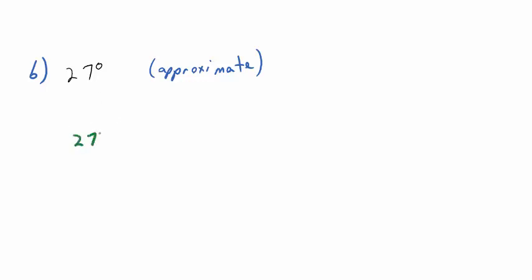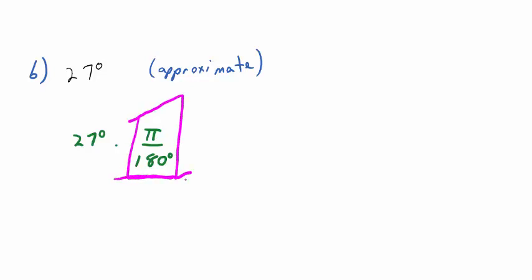So 27 times pi over 180, just like the problem up above. You can see that you've picked the right conversion factor. You're really just multiplying by 1 when you multiply by pi over 180, aren't you? So does that change the value? No, it's just going to change the units.